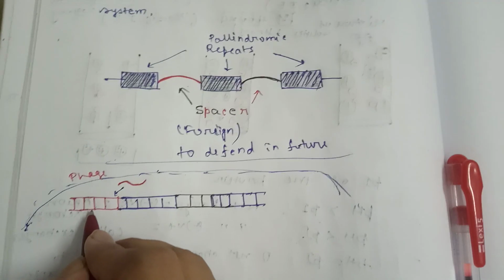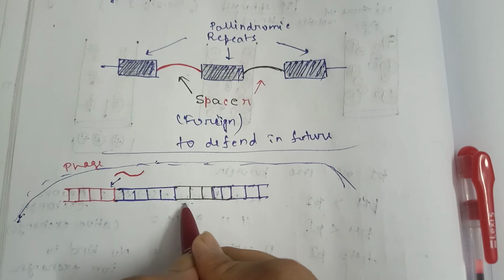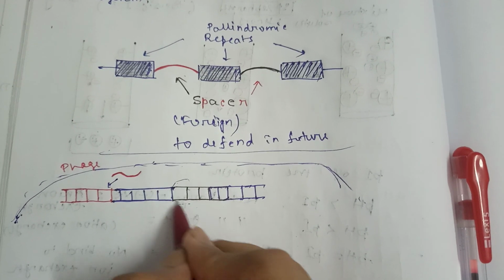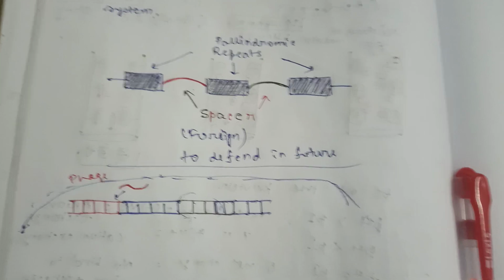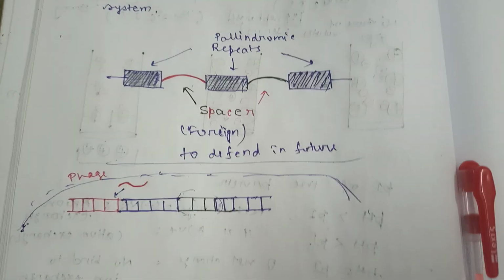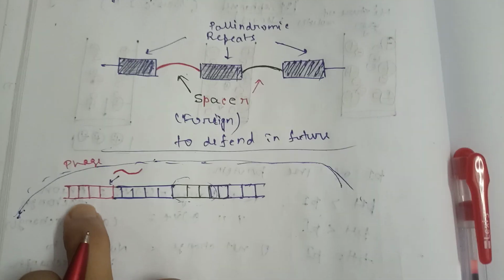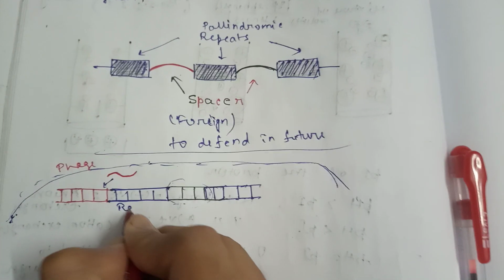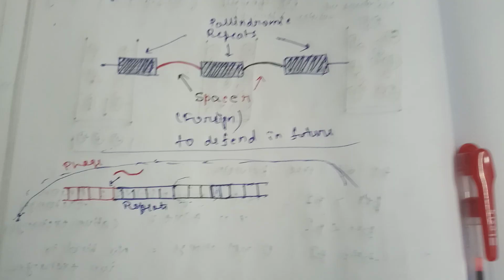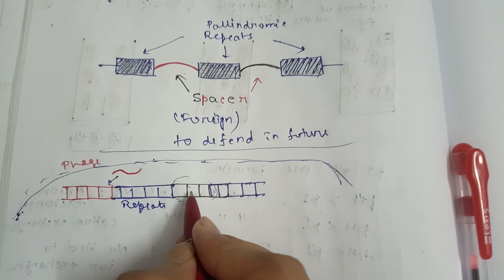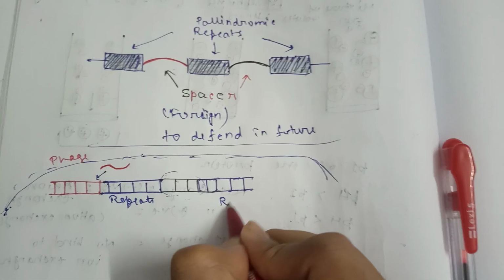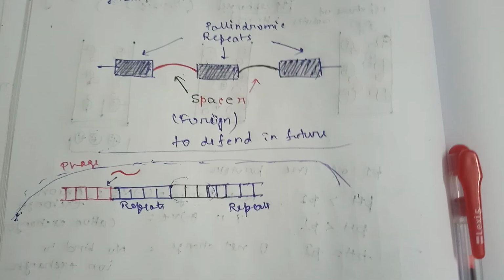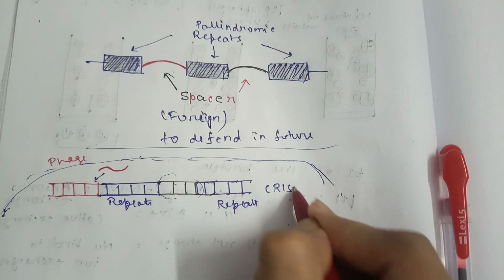This is, as I have told you, a spacer. Here you can see this is also a spacer, this black colored portion. So it can be said that there may be two viral infections, and these are two viral infection memories, and these are the repeats. So as I have said, in between repeats the spacer will be adjusted, okay. The blue ones are repeats, and we call it a CRISPR array.